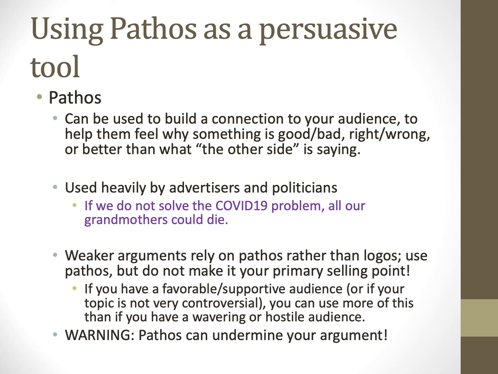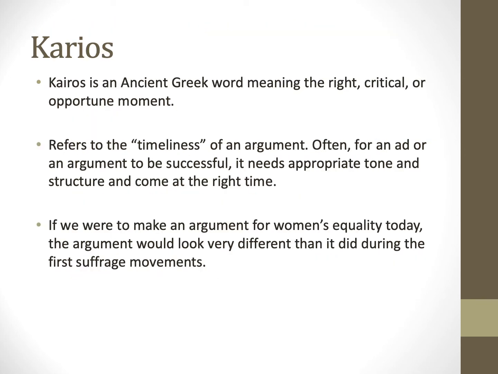So these are weaker arguments. Again, you can use them very circumspectly, carefully in your paper to show that human side, but they can undermine your logical ethos argument if used too much or inappropriately.